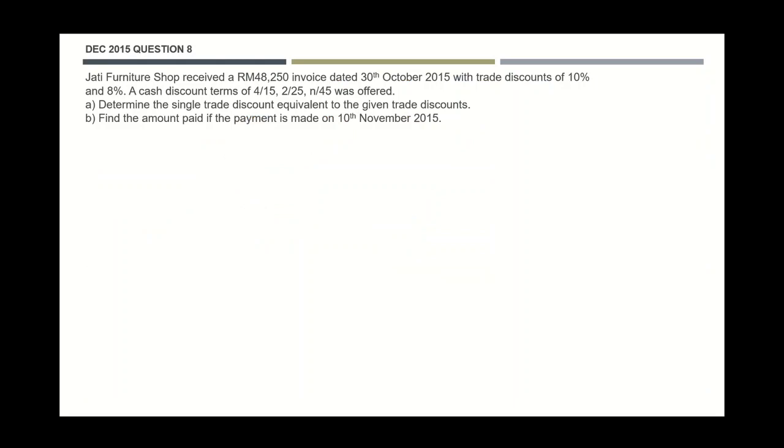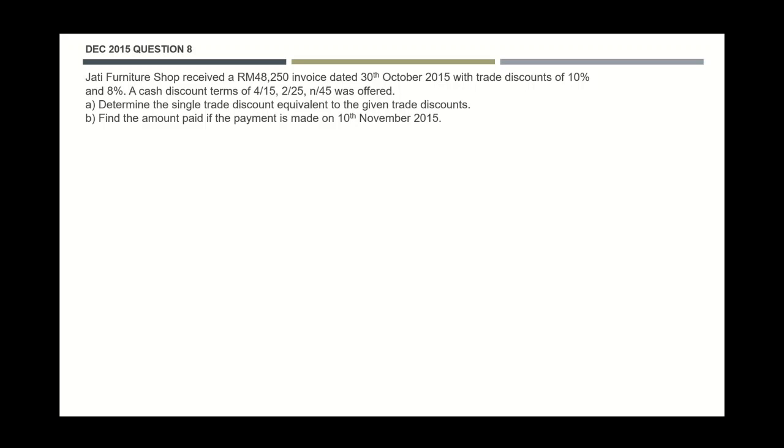Okay, let's look at the first past semester exam papers question. So this is taken from the December 2015 question number 8. Okay, the question states that Jati Furniture Shop received a 48,250 invoice dated on 30th October 2015 with trade discount of 10% and 8%.